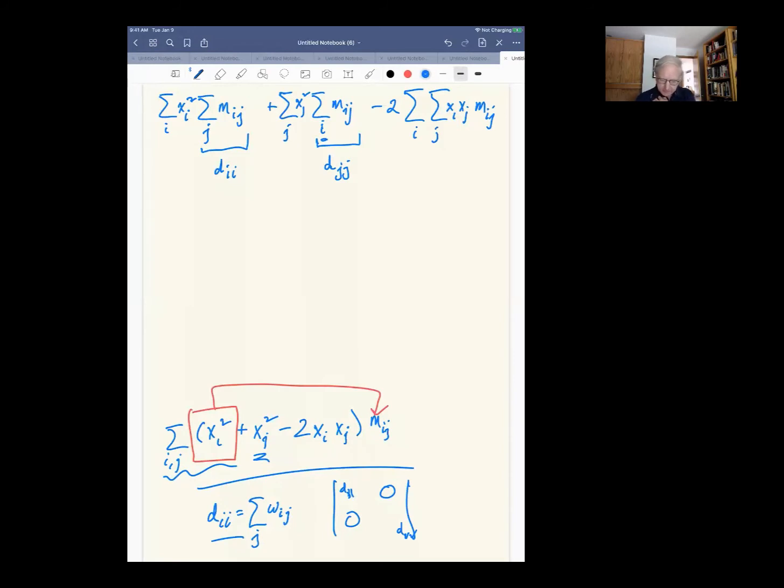All right, so we've got this here, and we're leaving the thing on the right as it is. So let's just rewrite this. We've got the sum over x sub I squared, d sub I, plus the sum over j, x sub j squared, djj, minus 2 times the sum over ij, xi, xj, mij.